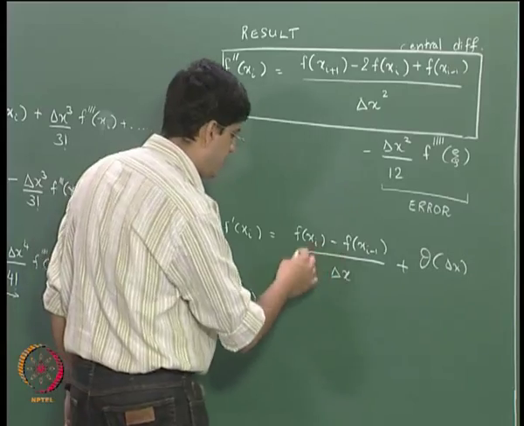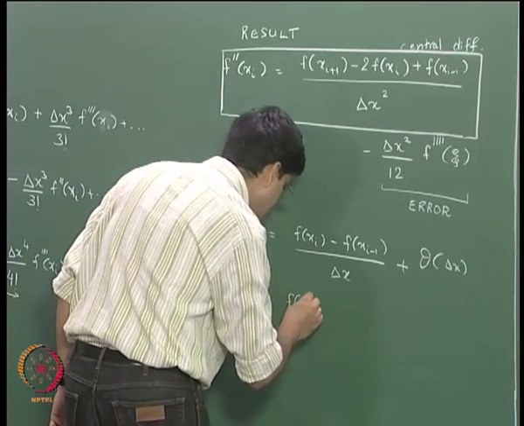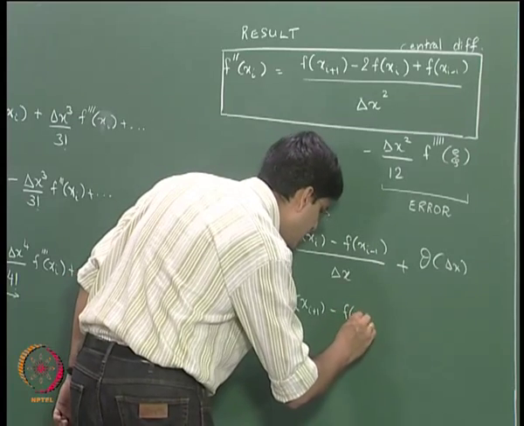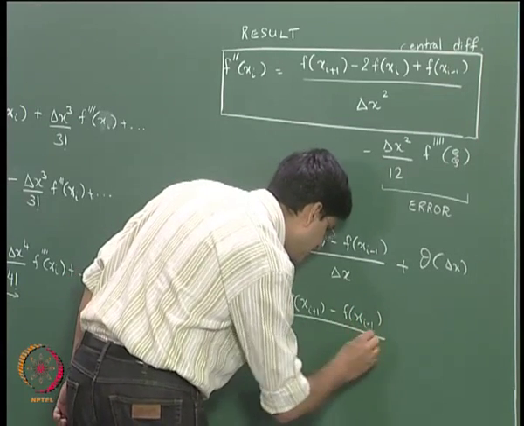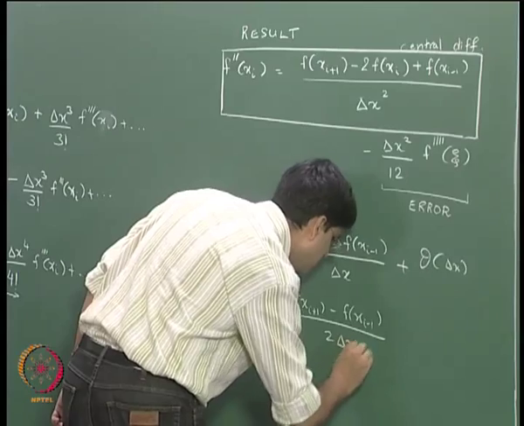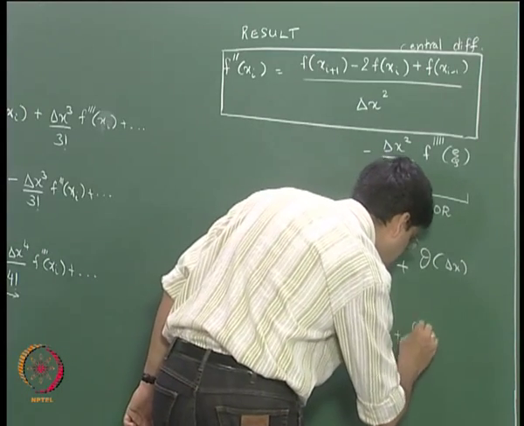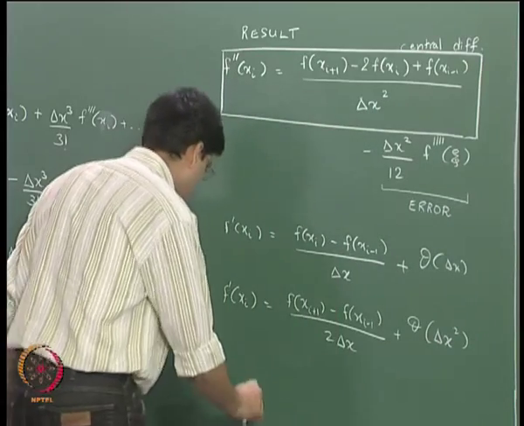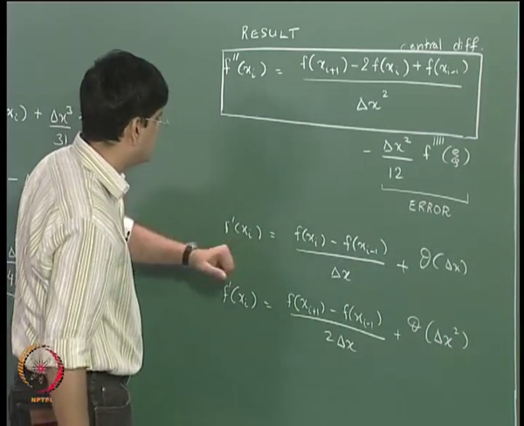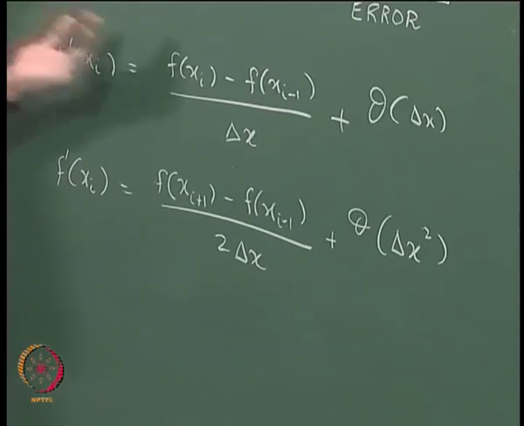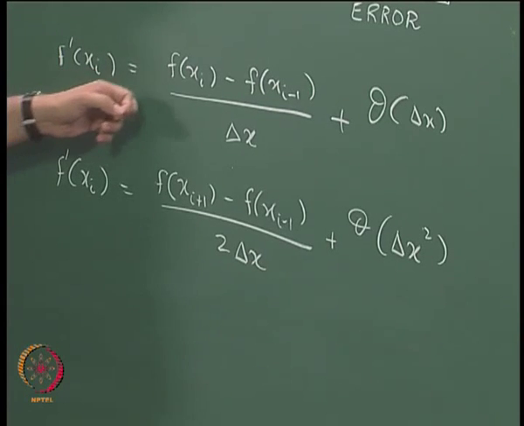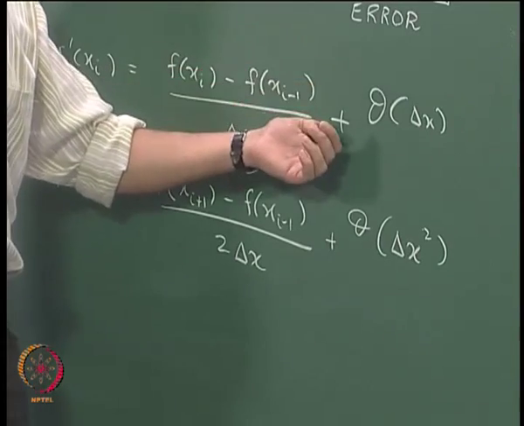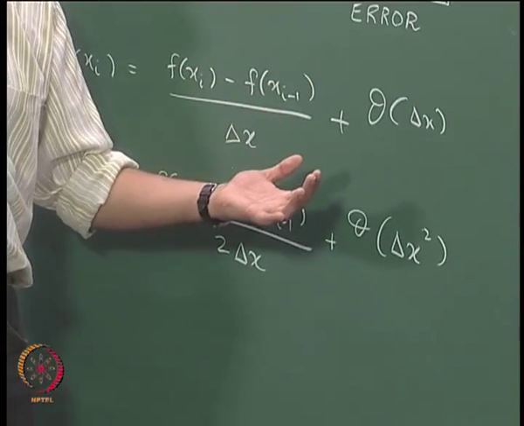F dash of xi as the central difference formula was f of xi plus 1 minus f of xi minus 1 divided by twice delta x plus order of delta x squared. And like this we could also write the forward difference method, where f dash of xi was equal to f of xi plus 1 minus f of xi divided by delta x.